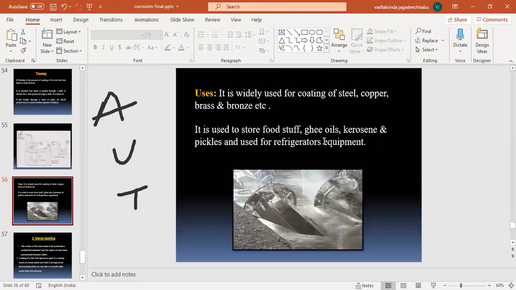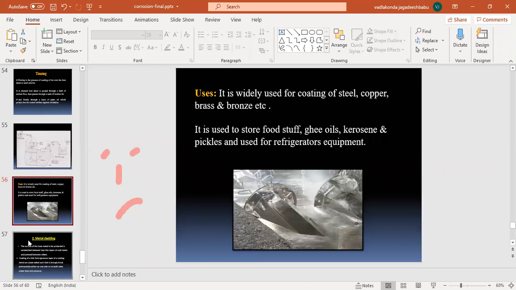It can be used for many applications, not like the galvanized sheet. It is very stable towards any kind of circumstances. So tinned sheet can be used for storing foodstuff also, because it will not have any effect with the food material. So these are the applications of the tinning.